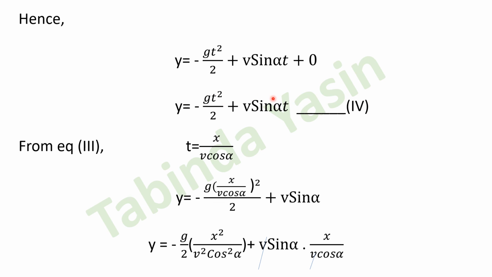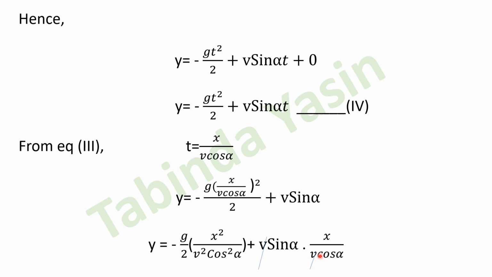From the previous equation we get x is equal to v cos alpha into t. So from there t is equal to x over v cos alpha, substituting that value here. So we get y is equal to minus g into x over v cos alpha whole square divided by 2 plus v sin alpha times x over v cos alpha. So that becomes y is equal to minus g by 2 into x square over v square cos square alpha plus v sin alpha into x over v cos alpha.